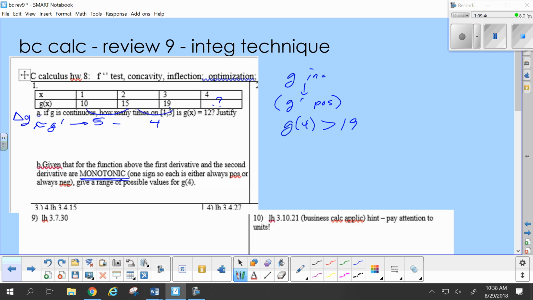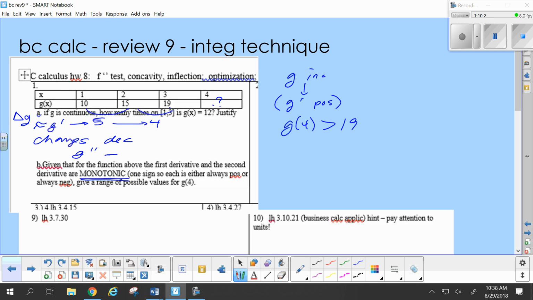G prime could be approximated as 5 in the first region and 4 in the second region. It's probably varying, but I know the change is going from 5 to 4. Well, isn't the second derivative then the change in g prime? So are these changes increasing or decreasing? Yeah, the changes are decreasing. And they must always be decreasing because the second derivative must always be negative.